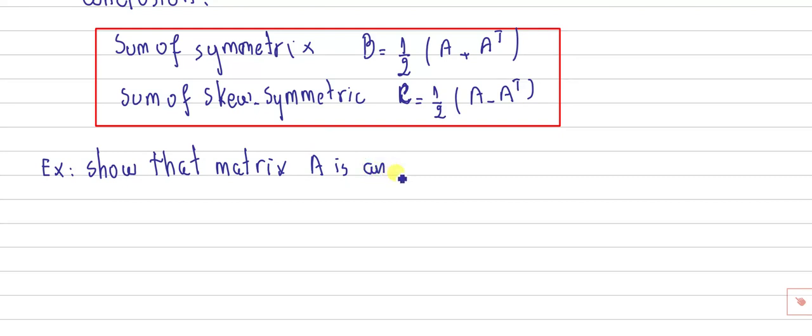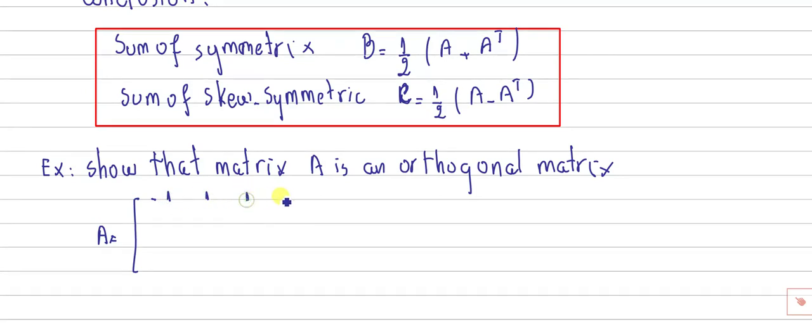is an orthogonal matrix, where A is equal to minus 1, 1, 1, 1; 1, minus 1, 1, 1; 1, 1, minus 1, 1; and 1, 1, 1, minus 1.